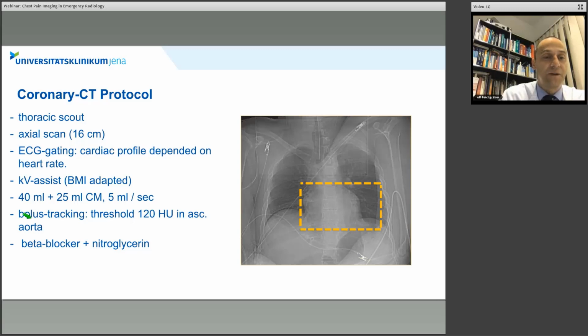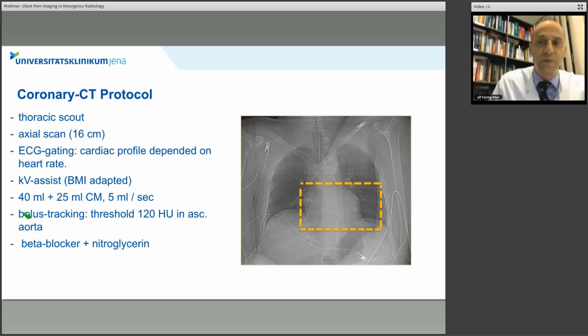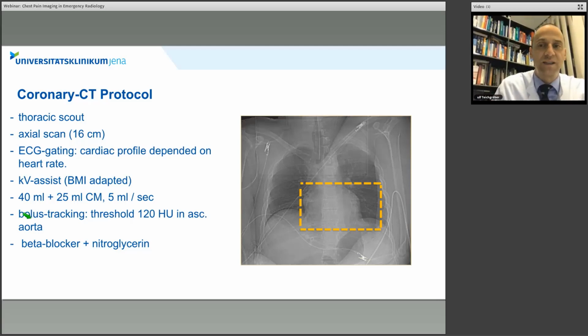And bolus tracking is also the same. And we usually try to do these scans always with beta blocker and nitroglycerin, just to get the best quality of cardiac imaging which is possible, because here we now have a dedicated question to rule out CAD, and these patients we do not want to send anymore to the cath lab, only if they need an intervention.